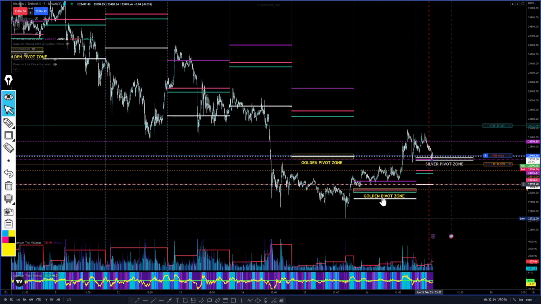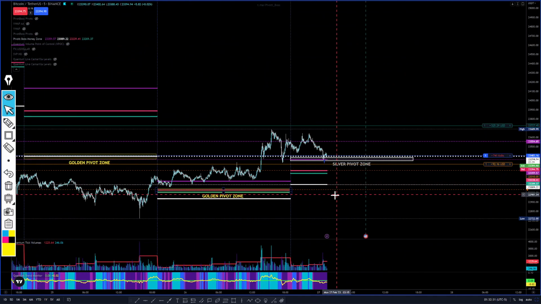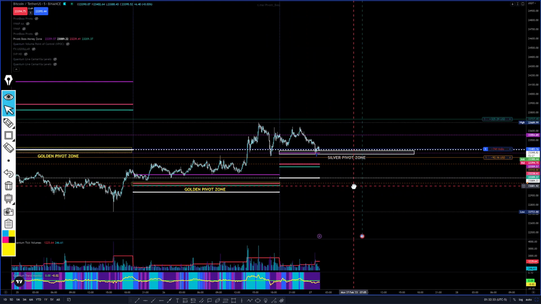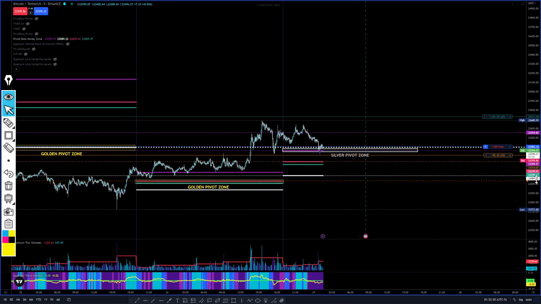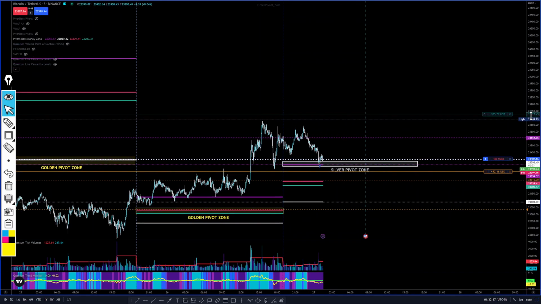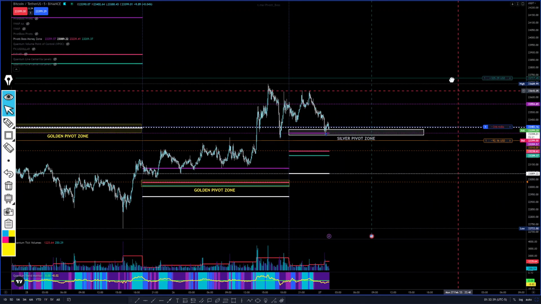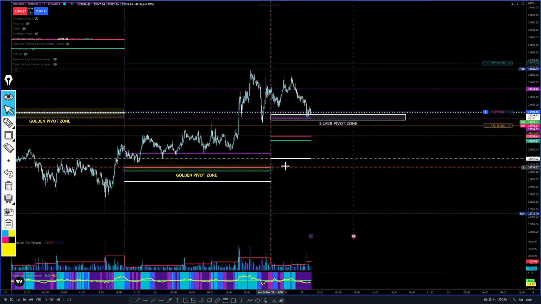So looking at the money zone here, let me just make this a little bigger. The money zone is like a mini market profile where it shows the value area high, the value area low, and the POC level, right? So let me just highlight that.